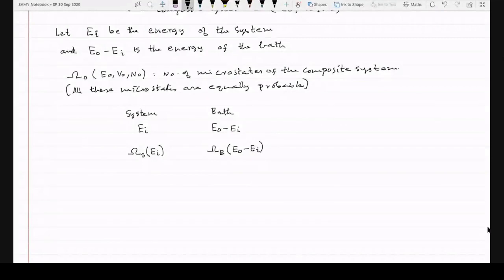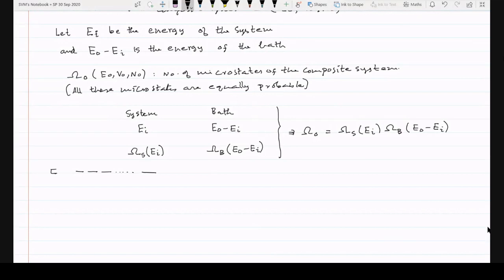Now this implies your omega 0 can be written as omega S of EI into omega B of E0 minus EI, because the total number of microstates will be the product of these. Pictorially, I have one microstate here, another microstate here, and so on, all of them having the same energy EI.